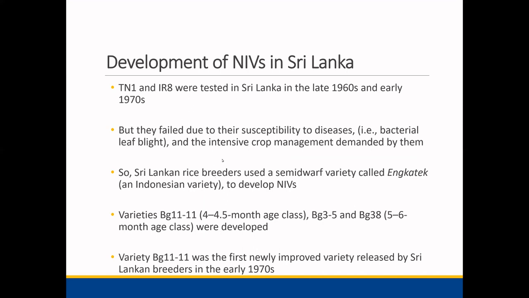but they failed. But another semi-dwarf variety using the same principles, Enkatek, an Indonesian variety, was used as a parent. The first newly improved varieties developed were BG1111, BG35, and BG38.